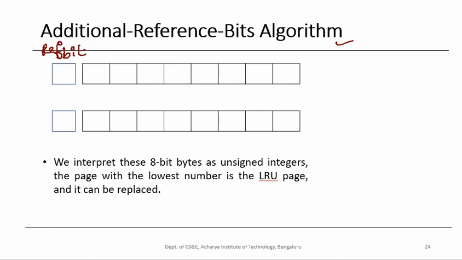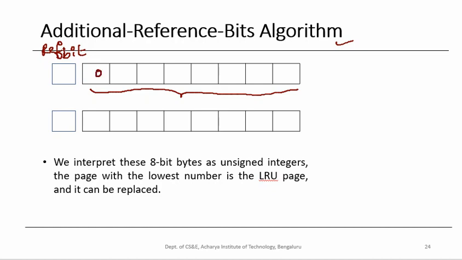If the value of the reference bit is 1, it means that the CPU has referred that page. But this will not give us the information about the order of reference of pages. So this additional reference bits algorithm says that an additional 8-bit byte has to be maintained for every page entry that is present in the page table.